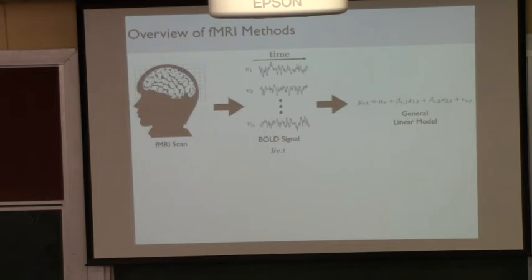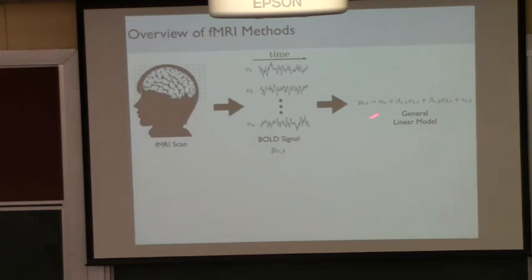You can then do a linear regression where you take the BOLD signal and look at different task conditions, which are represented by X1, X2, and do a regression where these betas represent how much variance in the neural signal is accounted for by your different task conditions.